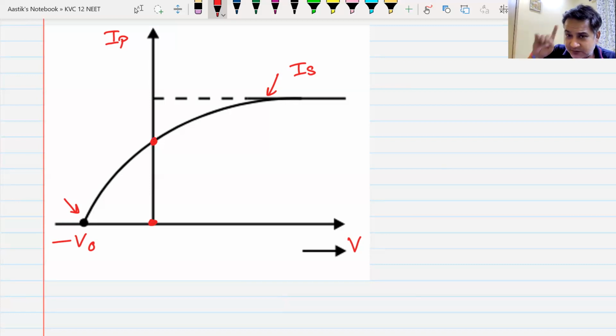Yes, sir. This chapter is all about graphs. Remember it.